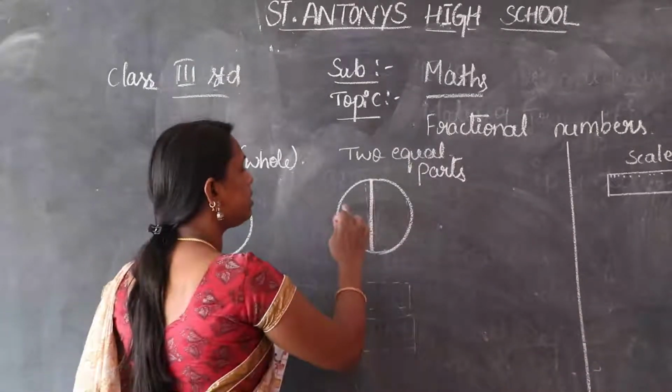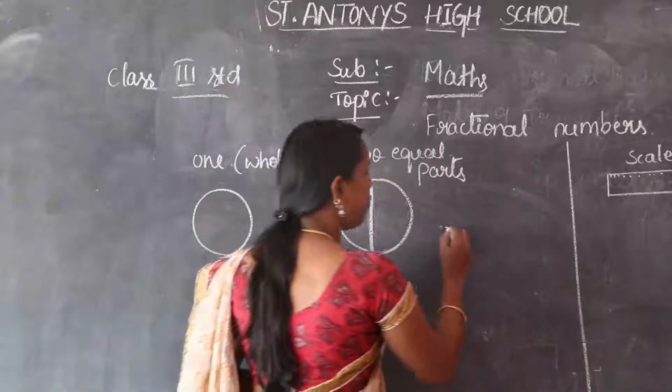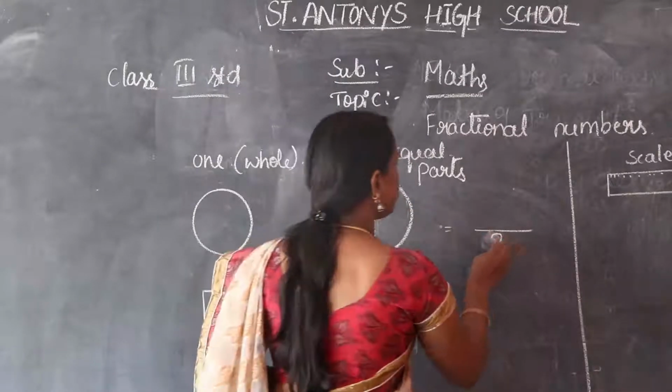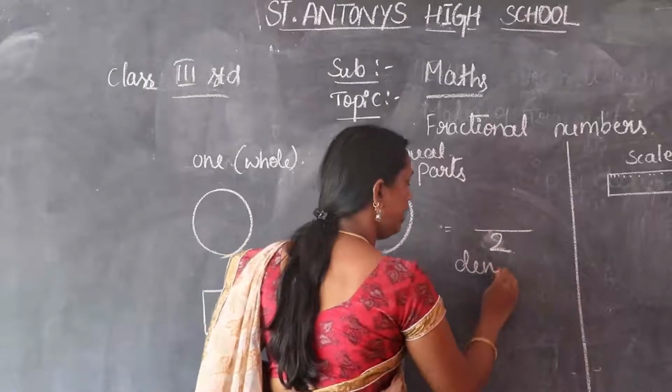The total number of parts, 2, is called the denominator.